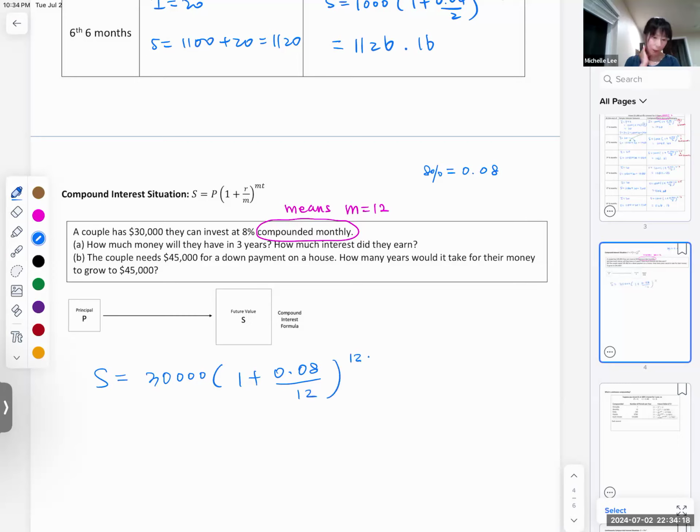And then what's the T? T equals 3 years. Okay, if we calculate this one, we have $38,107.11.